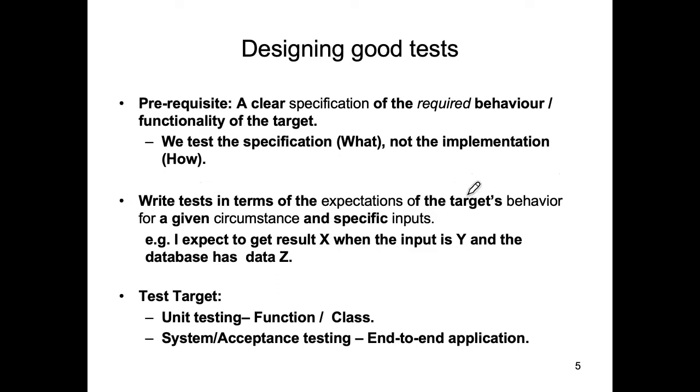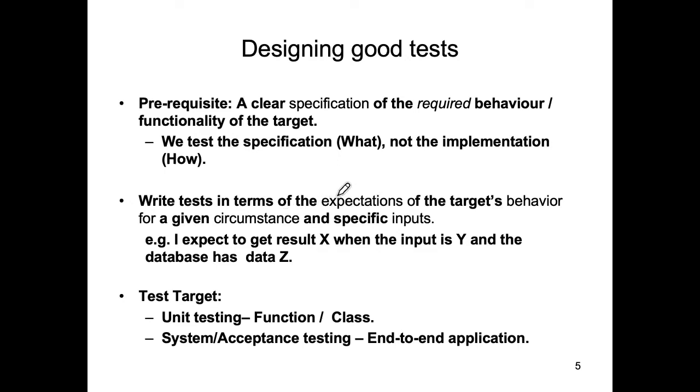And I'm saying that you write tests in terms of the expectations of the target's behavior. What do we expect the target to do given certain inputs and certain kinds of circumstances? I'll give you tangible examples of this in a while.